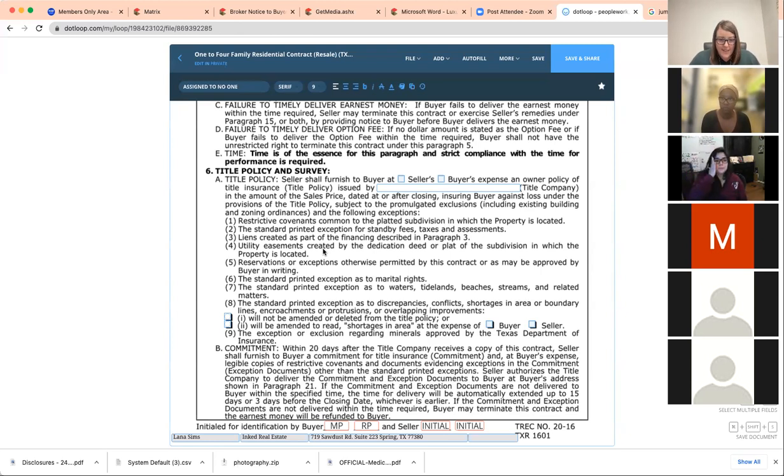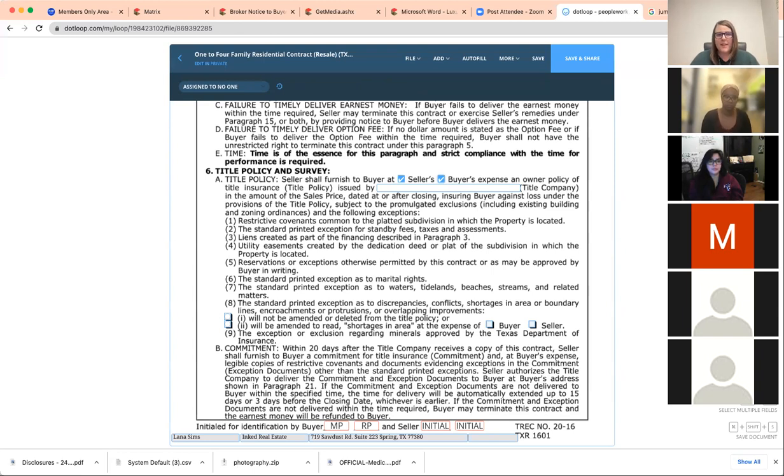Now, I've seen a few of our agents do this and I've had to correct them. I've seen both of these checked off, and that is not appropriate. You can do that, but then you have to explain somewhere, either on an amendment or in the special provisions, that the buyer and the seller are splitting the cost of the owner policy.